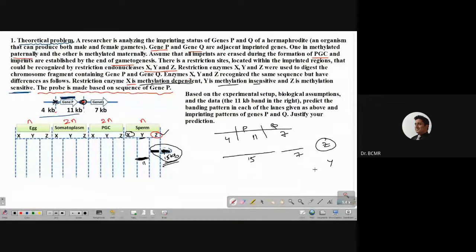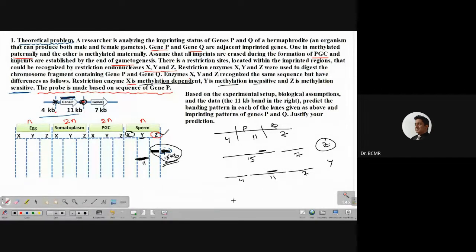With Y, it will cleave irrespective of whatever it is. It doesn't matter whether it is methylated or not, it will cleave. So we should get 4, 11, and 7. Only this will be detected.